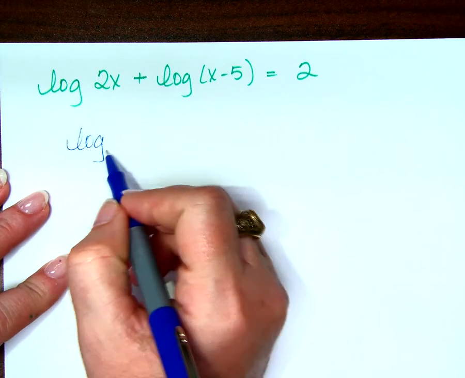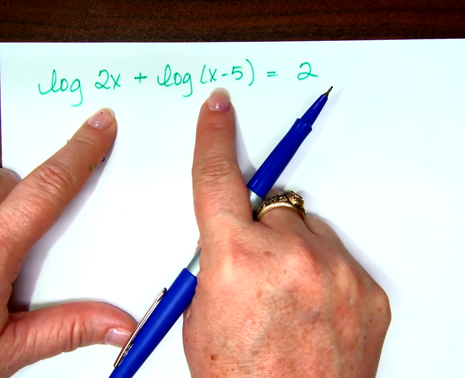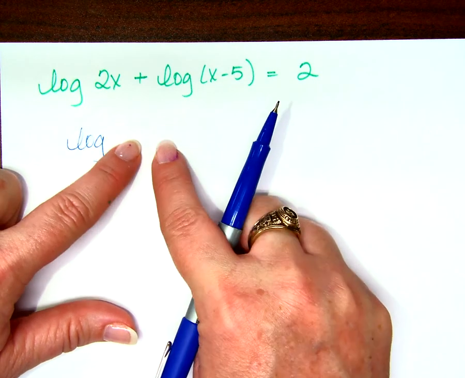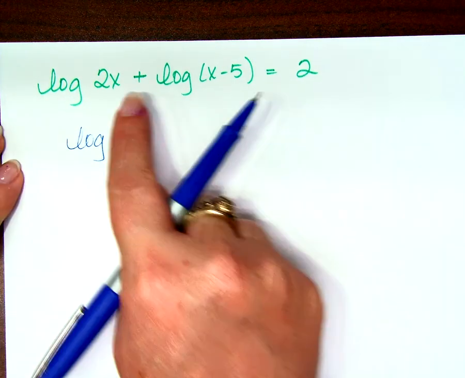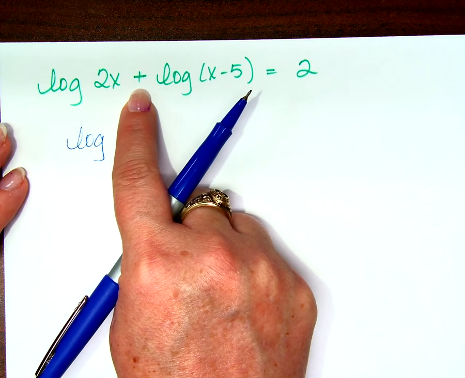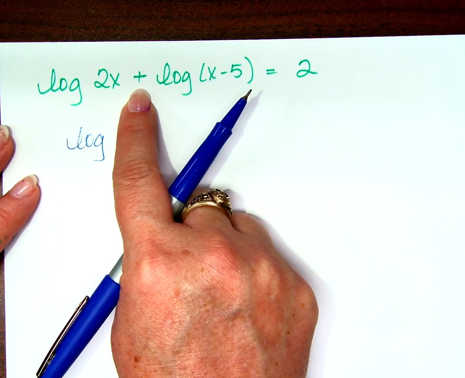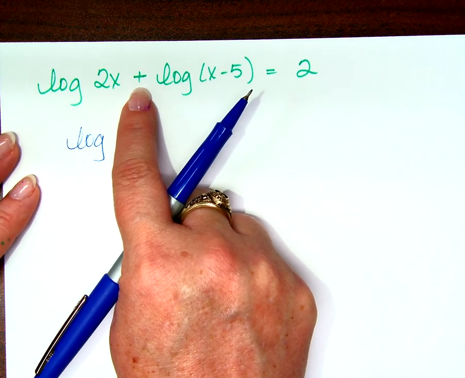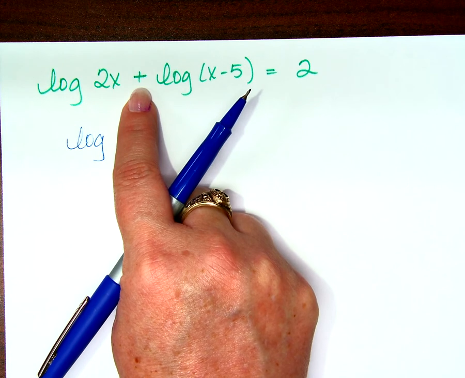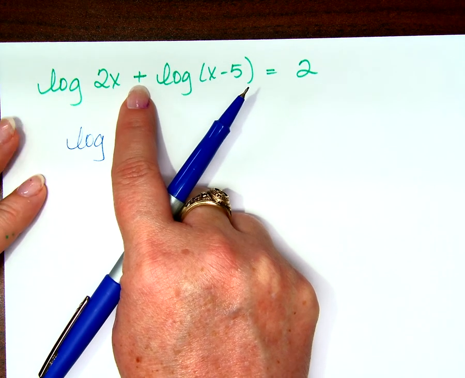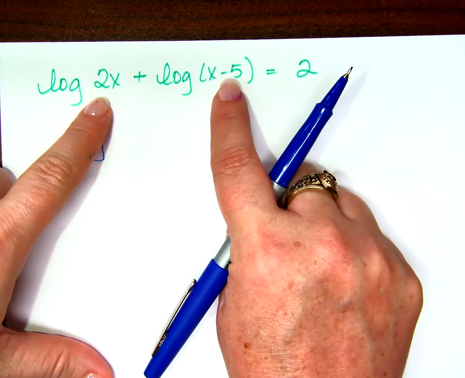So I'm going to condense the left-hand side of the equation so that log is only written once. What does this sign mean when we're condensing? It means multiply. I know it's a plus sign, and that typically means add, but when we're condensing, a plus sign tells us to multiply these two terms.